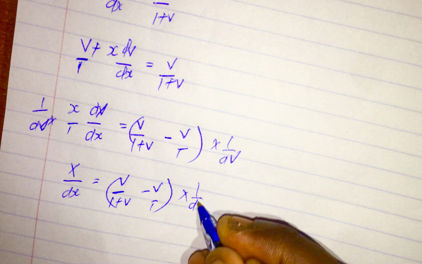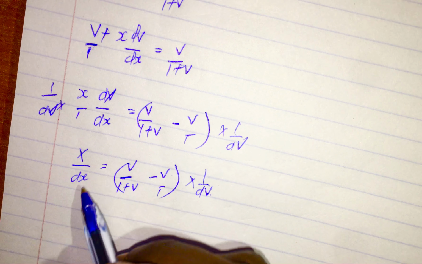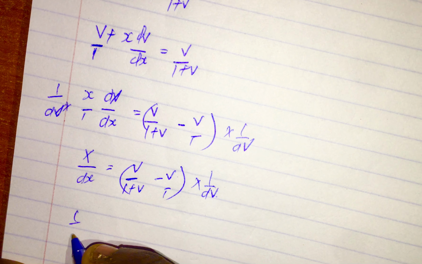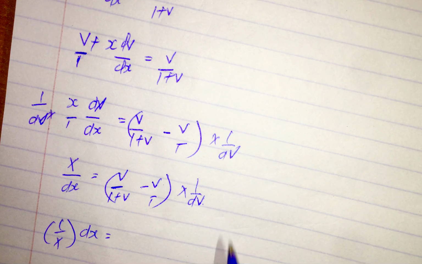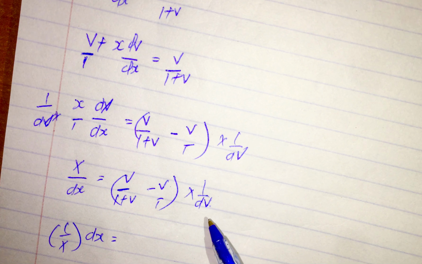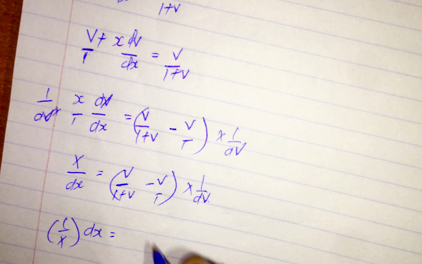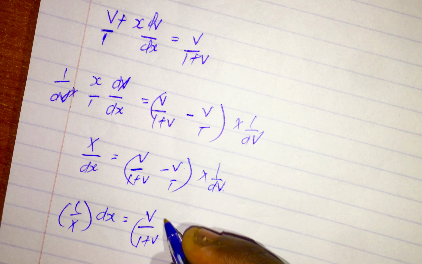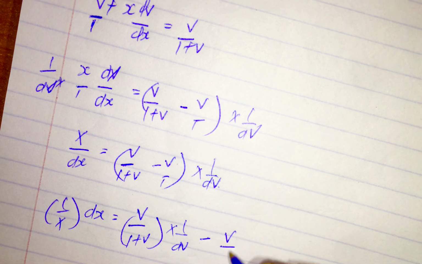Then from here, you take the reciprocal. So on one side we have x over dv, and on the other part, we multiply by 1 over dv: v over (1 plus v) times 1 over dv minus v over dv.